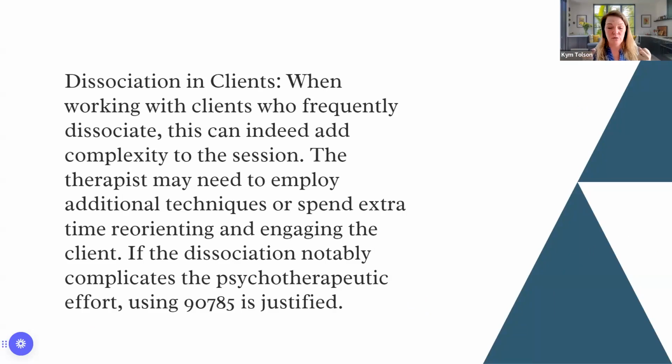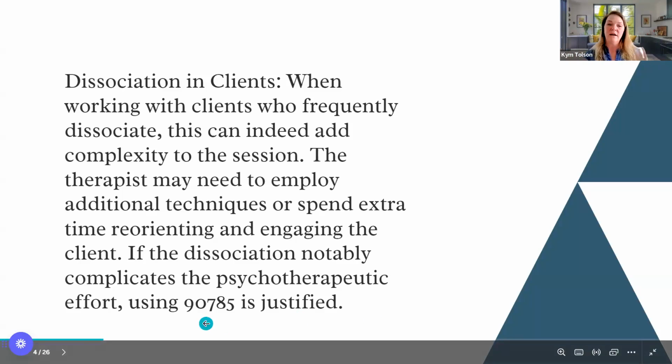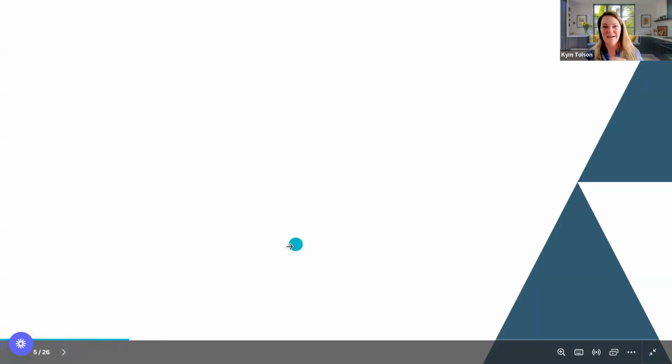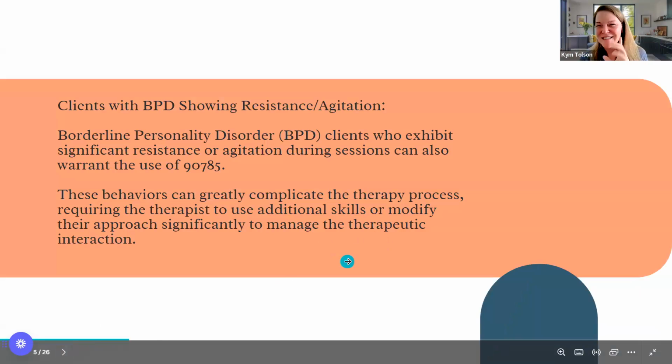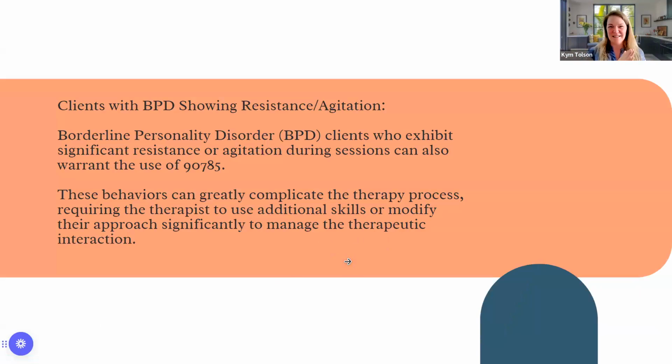You might have to really work on grounding. You might have to cancel your next session if you can't bring this client back all the way. So it's definitely a complicated psychotherapeutic technique that would justify the use of 90785, in my opinion. Again, my opinion. Don't take this as gospel, please. This is just me interpreting from my own perspective what I think about these.